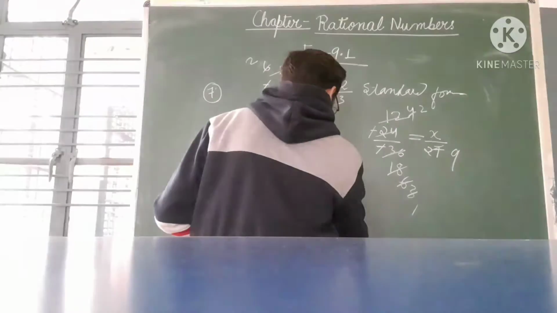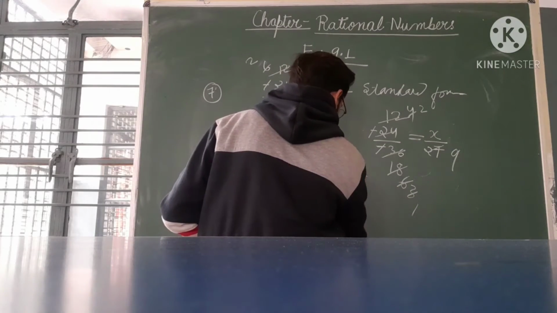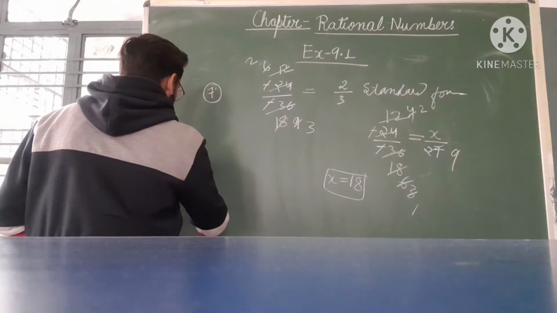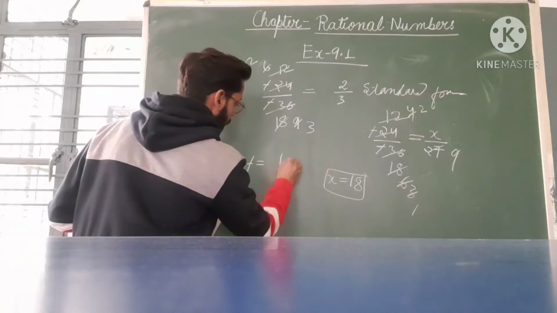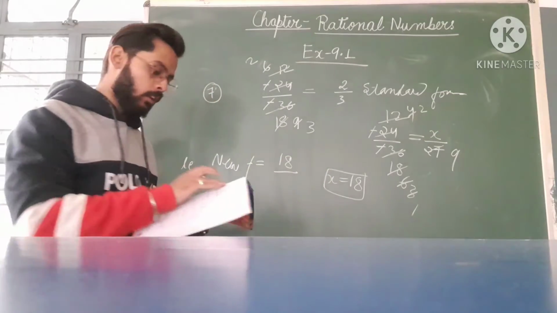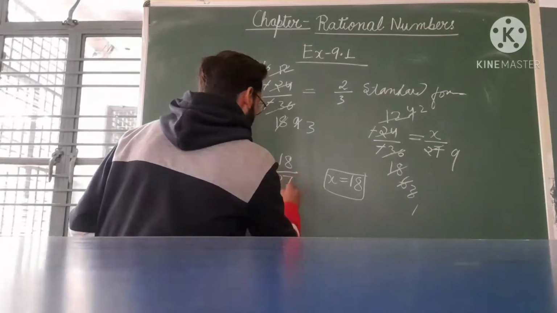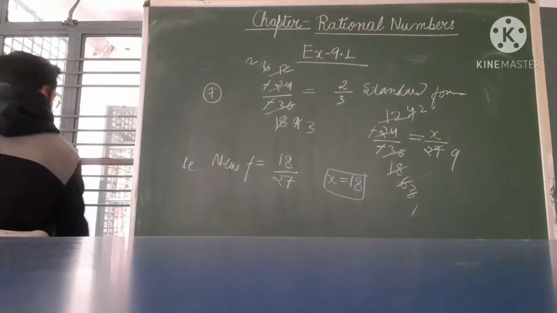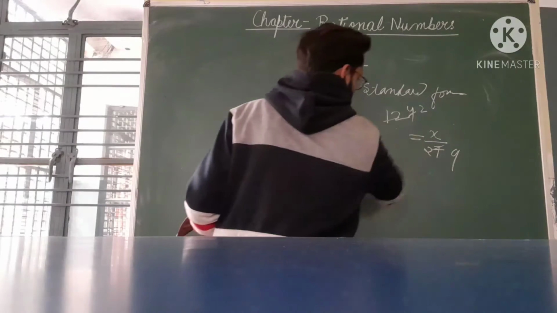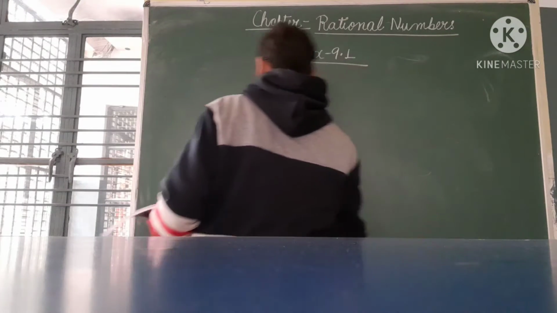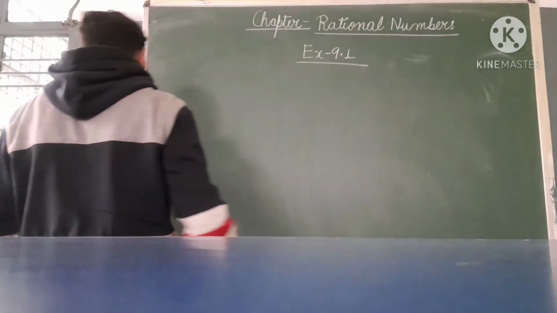We get x is equal to 18. That is, the new fraction will have numerator 18 and denominator 27. Okay, like this you can do it. Students, clear? Okay, now the next question.